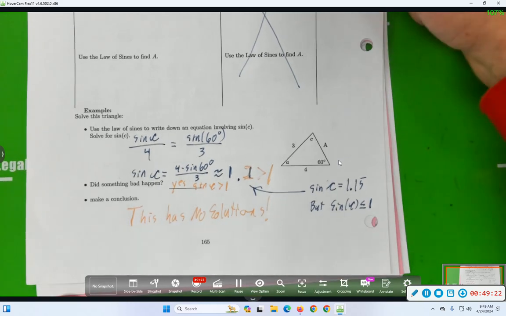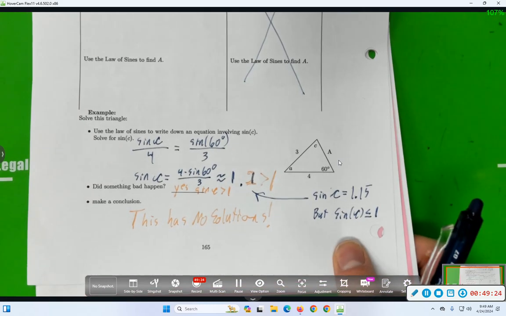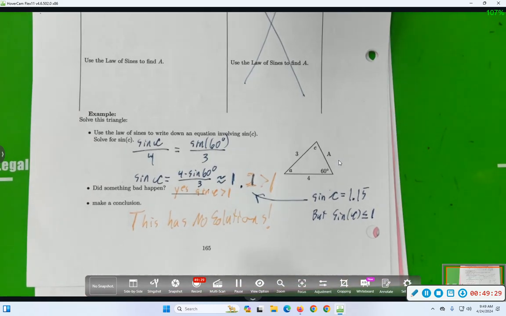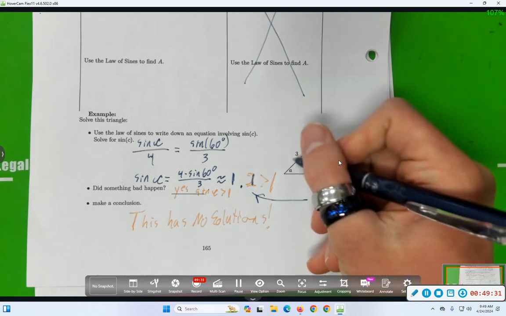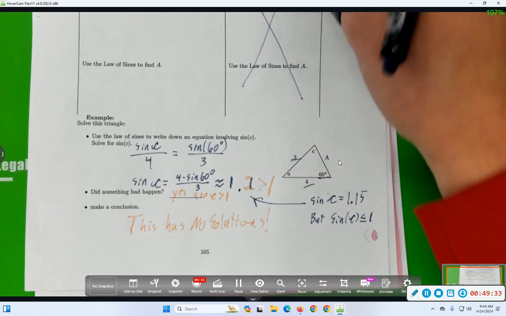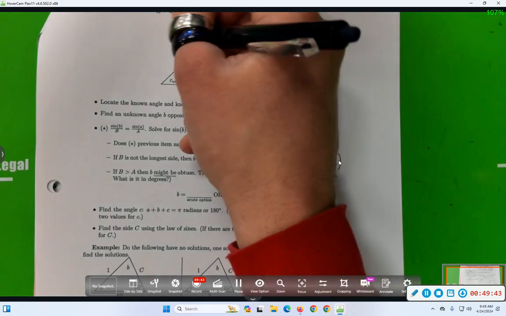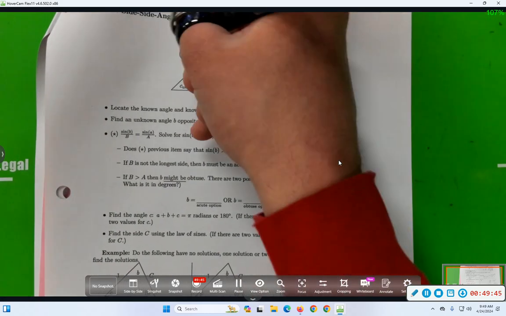Groovy. So, with my closing minute, I'm going to point out that there are 3 cases that you might see whenever you're solving a side-side-angle triangle. There's a rough flowchart down here to think about. Whenever you want to solve a side-side-angle triangle, locate a pair consisting of an angle and a side, both of which you know.